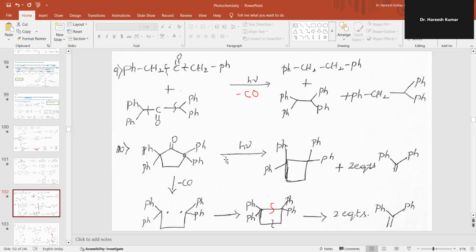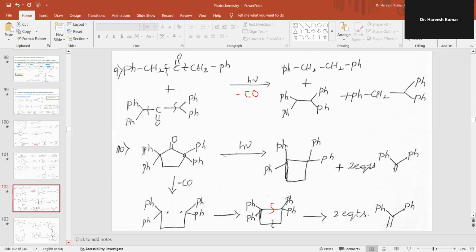From here to here, there is a loss of carbon monoxide. Then both the sigma bonds here and here undergo cleavage and form a double bond here, which is nothing but 2 equivalents of diphenylethene as the product. I will go to the next slide.